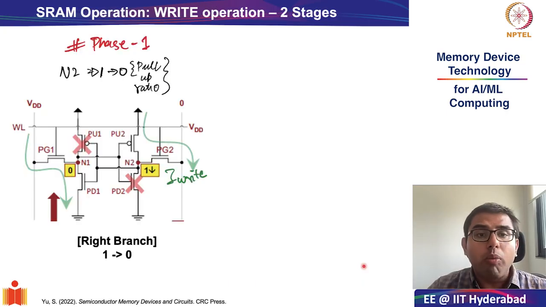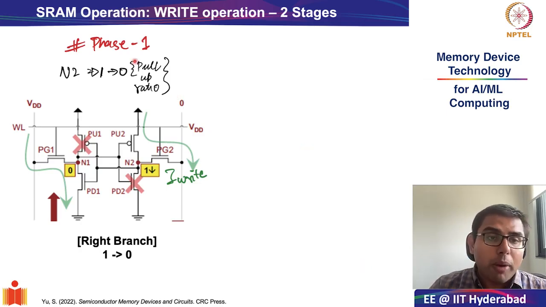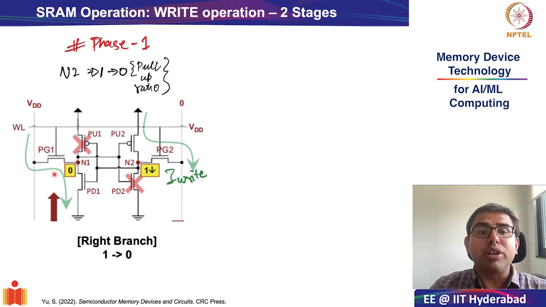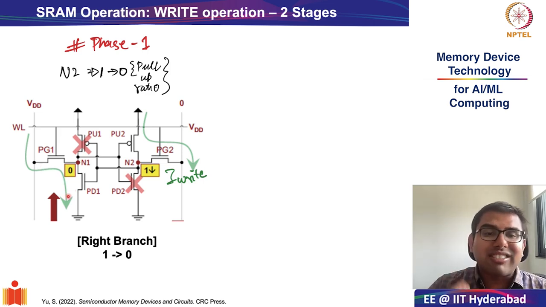So let us recall what we just looked at. In phase 1 of your write operation, N1 had a value of 0 and N2 had a value of 1. Since the left hand side of the branch cannot contribute to a flipping or a destructive write, it can only contribute to a non-destructive read.